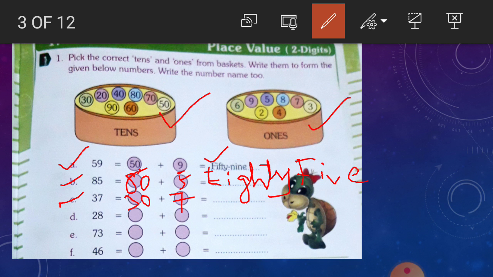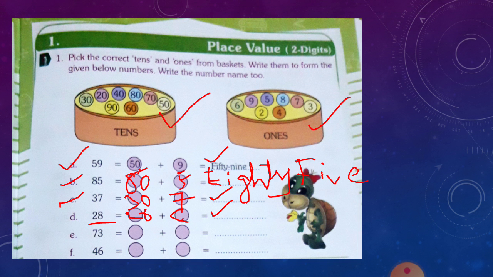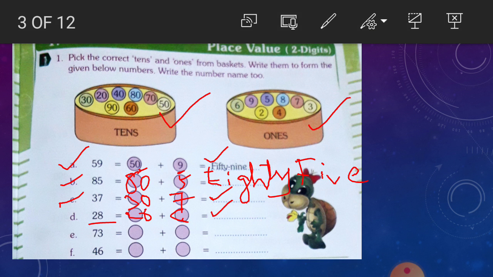And write 37 here. THIRTY, 30, SEVEN, 7, 37. In this way, children, write the numbers here. Like 28 is 20 plus 8, and write the number name here. Complete the remaining yourself.